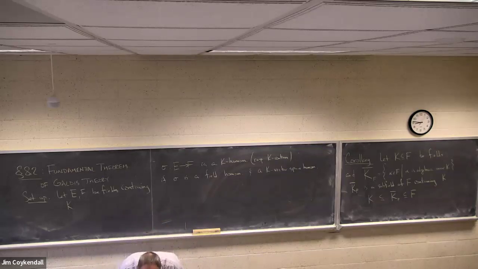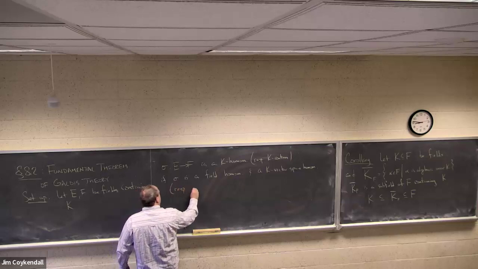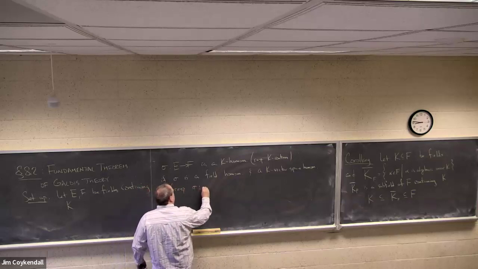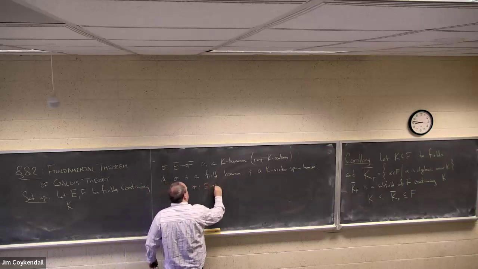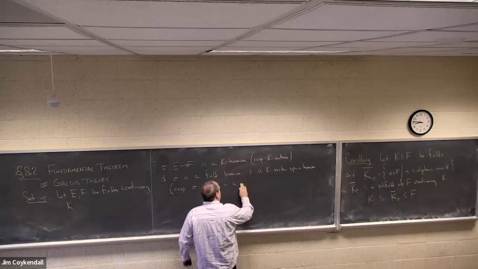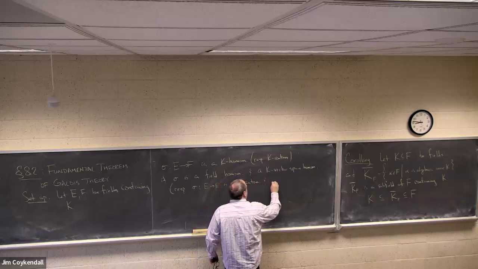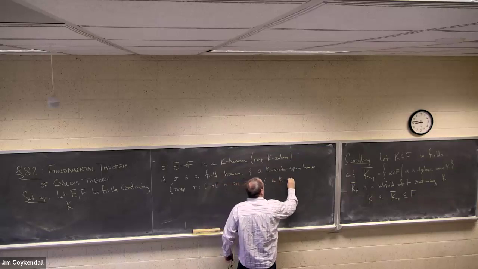Respectively, sigma from E to E is an automorphism and a K vector space homomorphism.